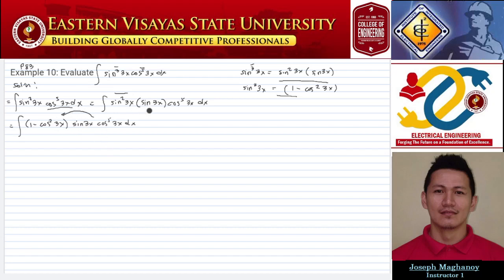If we distribute the neighboring function inside the quantity, that is sine 3x cosine raised to 5 3x, when we multiply this function by the first term 1, and minus the second term, that is sine 3x times cosine raised to 5, cosine raised to 2, that is cosine 7.